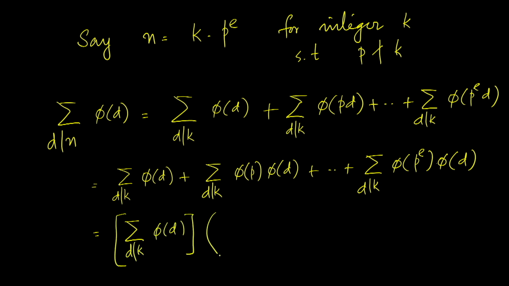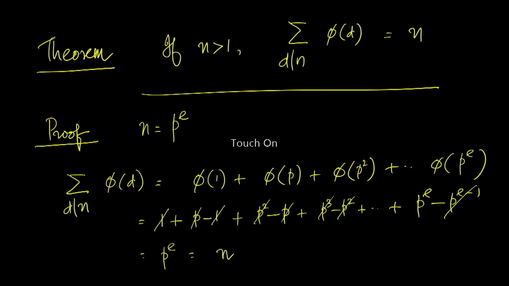If this is taken outside, we have 1 plus phi of p plus phi of p squared plus etc. all the way up to phi of p power e. But this is a sum that we have just seen. Since 1 is the same as phi of 1, it is identical to this sum, which we know evaluates to p power e.